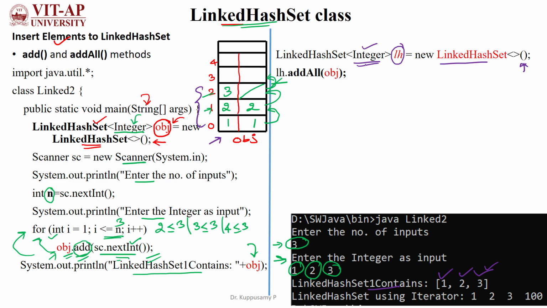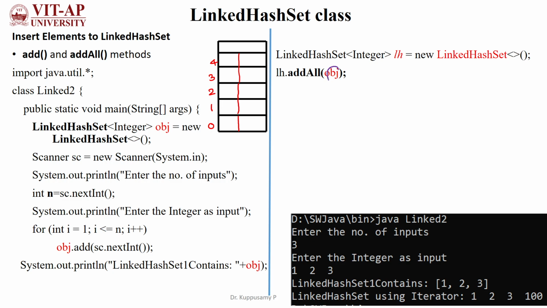Now I'm going to insert the elements into the LH. Whatever values I have stored in the obj, as of this moment 1 2 3, all those elements are added into the LH.